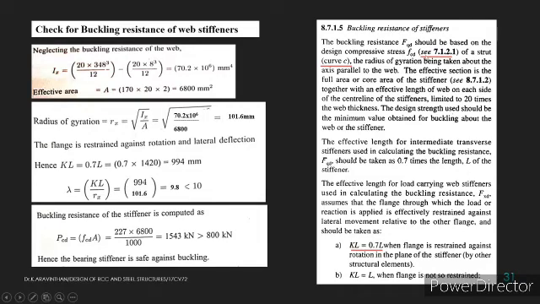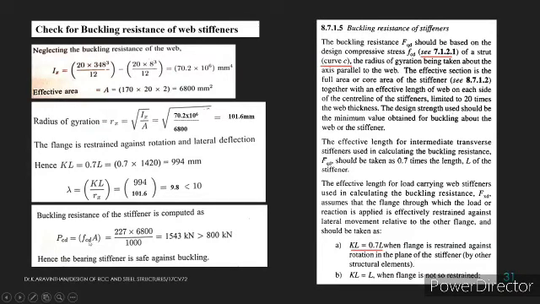The Fcd can be found using 7.1.2.1 of the strut, with curve C. The area is 6800. How we arrived at 6800 is, we have provided two plates of 170 into 20 size, so that is 6800 divided by 1000.